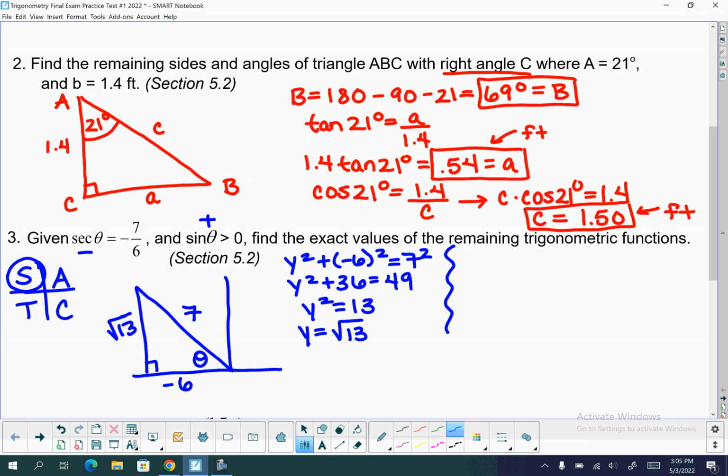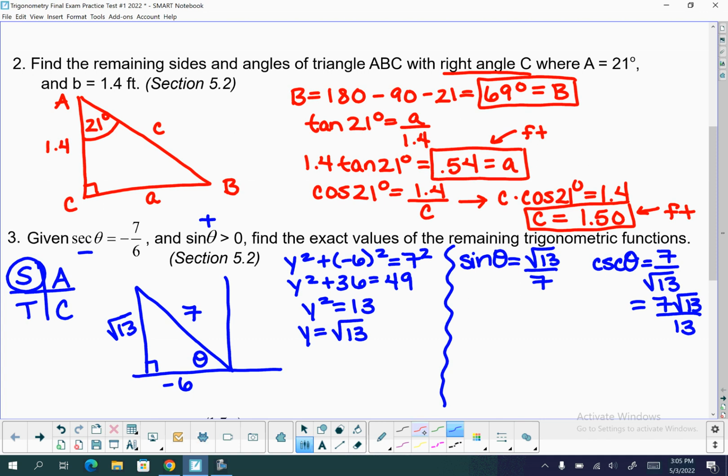Okay, our missing trig functions. Starting with sine. Sine is opposite over hypotenuse. Its reciprocal cosecant is hypotenuse over opposite, which we do need to rationalize: 7 rad 13 over 13.